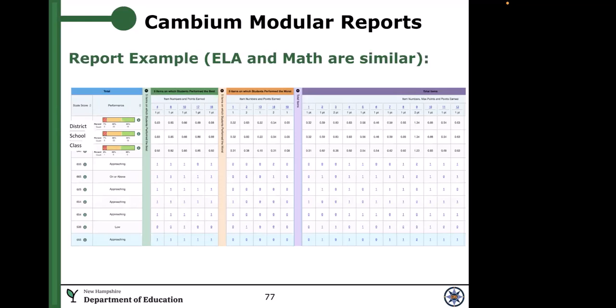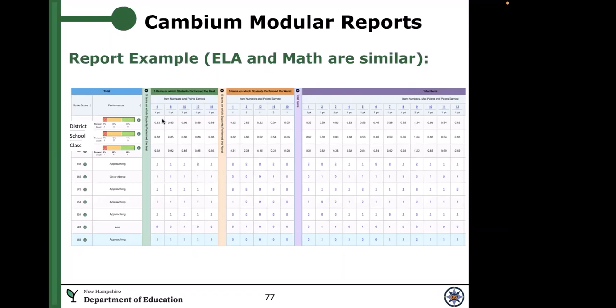I've got all the student names cut off of it, but you can kind of see what you're going to be looking at. You'll get your total for how the students scored on this particular assessment. There are 3 levels of scoring: low, approaching, or on or above.